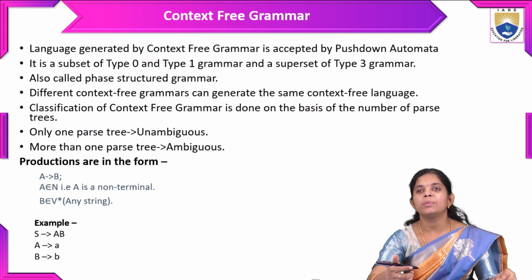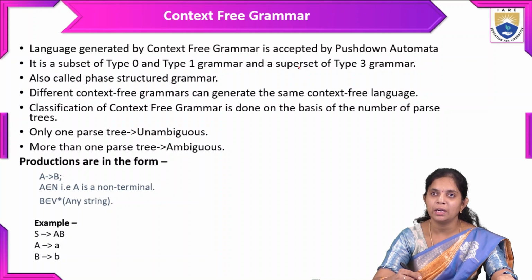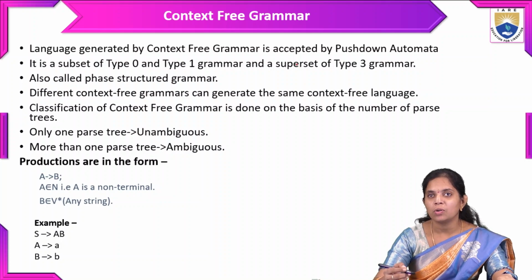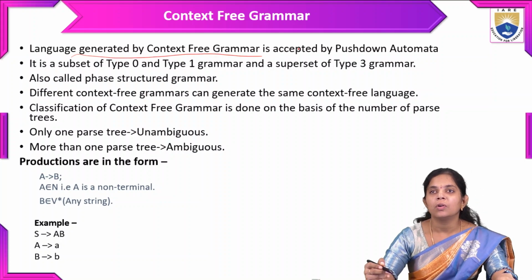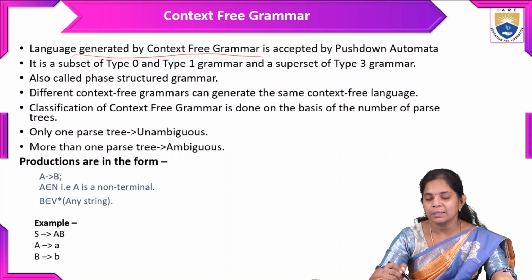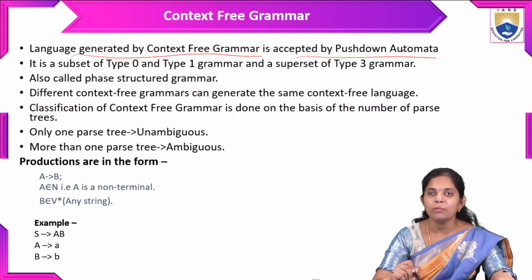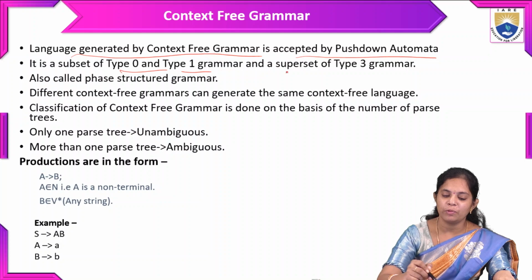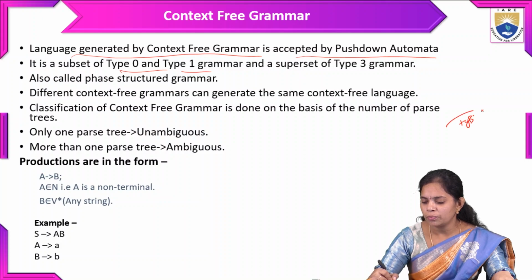And next one is about the type 2 grammar, that is a context-free grammar. The language generated by the context-free grammar is accepted by the pushdown automata. It is a superset of type 3 and a subset of type 0 and type 1. See, type 3 is a subset of type 2, like this.